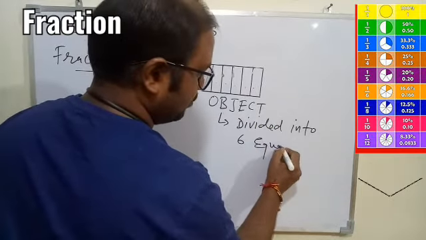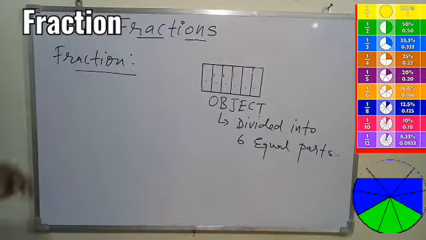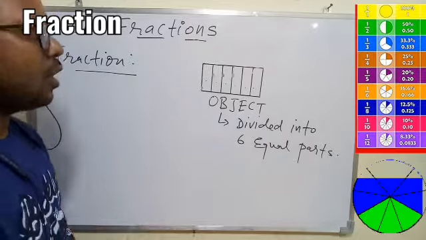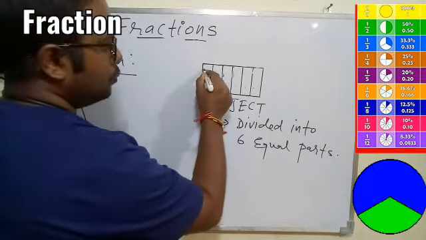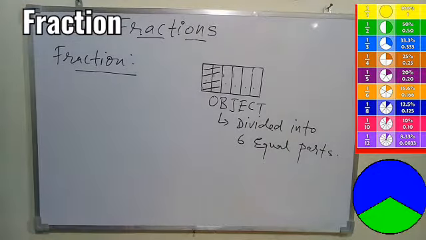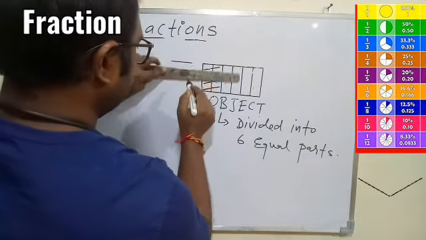So let's understand the meaning properly. Okay, so one object divided into 6 equal parts, and now out of these 6 I am going to remove these 2 parts. Okay, so once I remove, this object will come here. So let me draw it again.